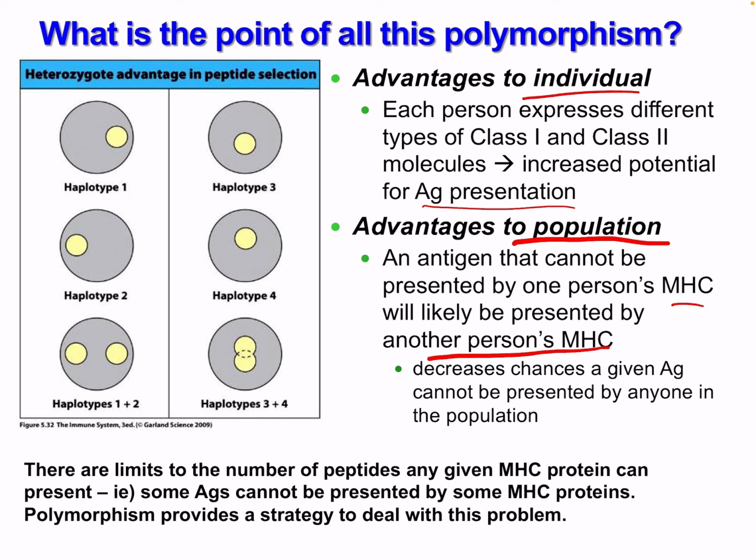There are limits to the number of peptides any given MHC protein can present, i.e. some antigens cannot be presented by some MHC proteins. Polymorphisms provide a strategy to deal with this problem. So if we had a virus that somehow was not bound to any human's MHC, we would all get infected by the virus, and there's nothing you can do.